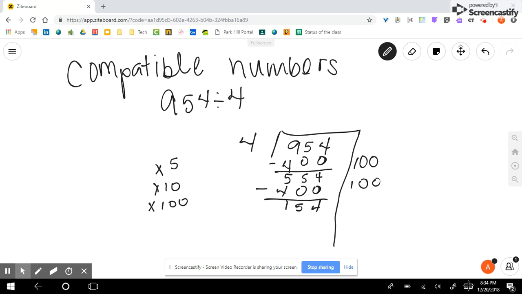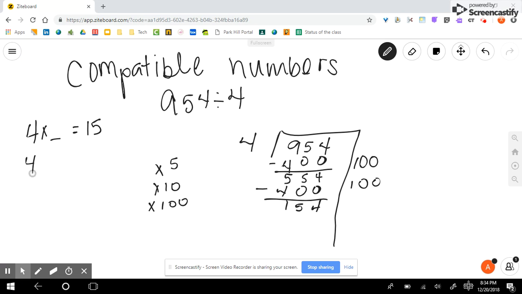Let me think. Well, 4 times 10, that's 40. If your child is struggling to think of something else, have them subtract by 40 here. But we can get a lot closer. So I'm going to cover up that 4 and look at just the 15. Well, 4 times what can get me close to 15?